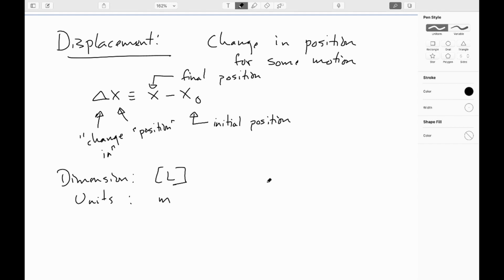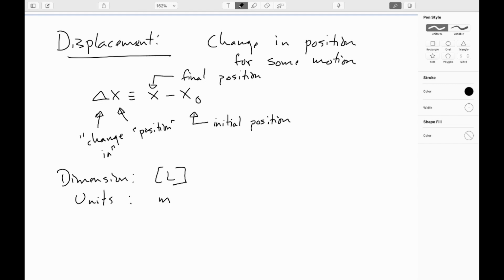If you want to work in other unit systems, say SAE, maybe you'd use feet. Traditional Russian imperial units, maybe you'd use arshins. If you want to get really old school, you could use cubits. Doesn't really matter. As long as that unit is a unit that recognizes length, that would be a valid choice. Now, when you add and subtract, though, you do have to make sure that the units match.